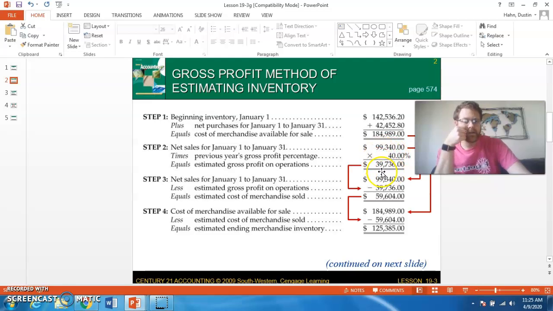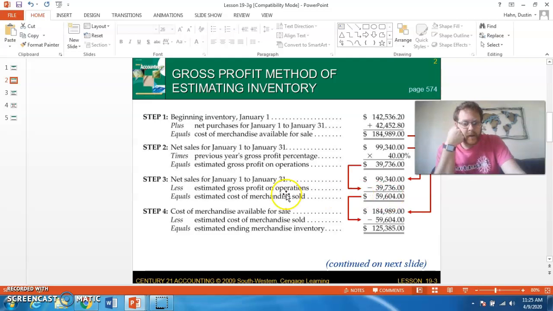So you're estimating that you had almost $40,000 of gross profit, which is nice. Step 3, your net sales. That $99,340 you already have right up here, minus your estimated gross profit on operations, which is the number you just found. Subtract the two, and that's your estimated cost of merchandise sold.